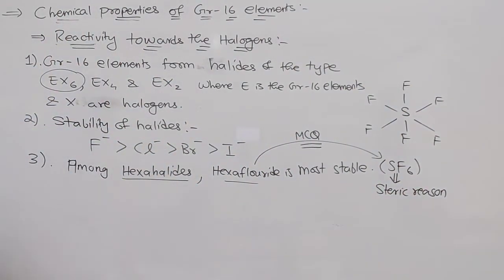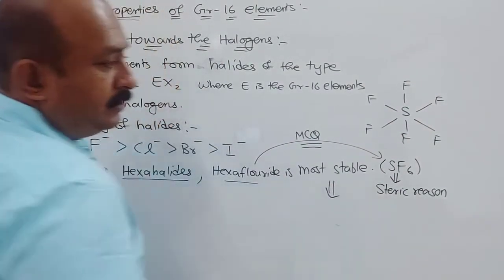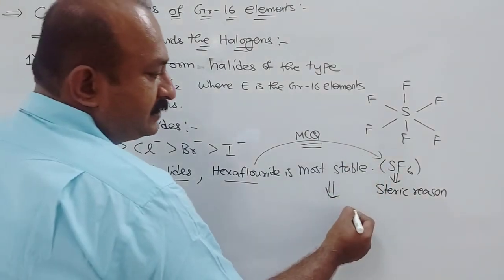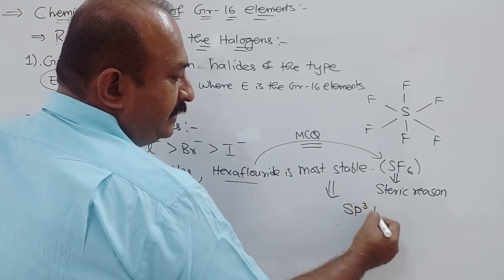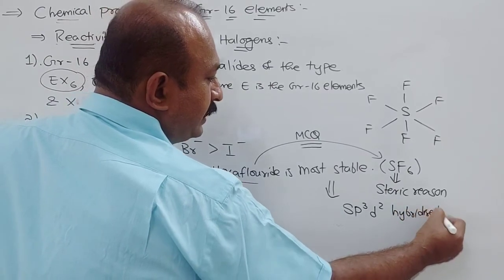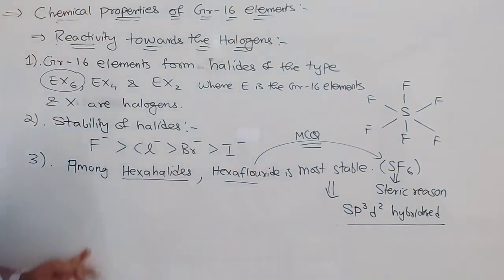That is given in your book. Now another thing we want to discuss about SF6 is the hybridization. It is sp3d2 hybridized, meaning one s orbital, 3 p orbitals and 2 d orbitals.